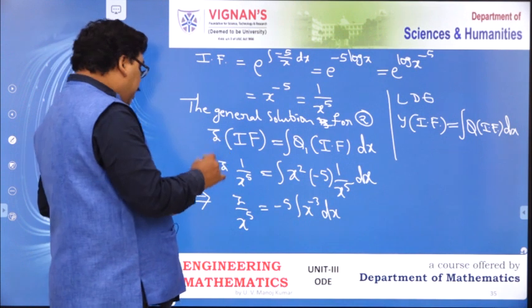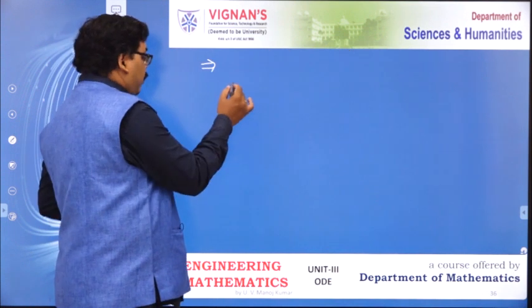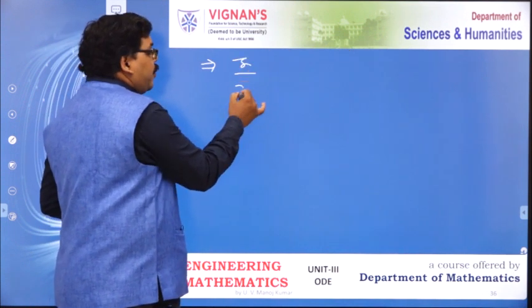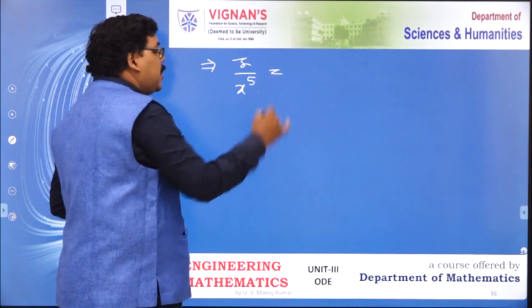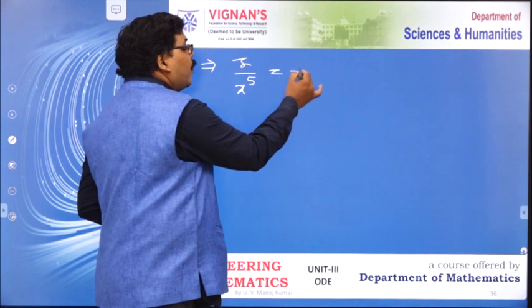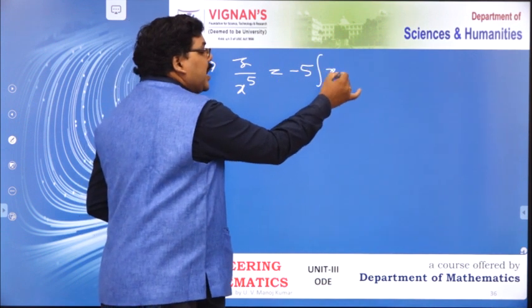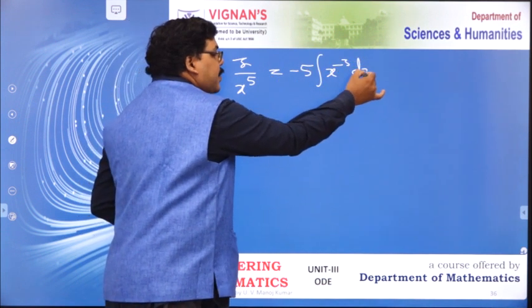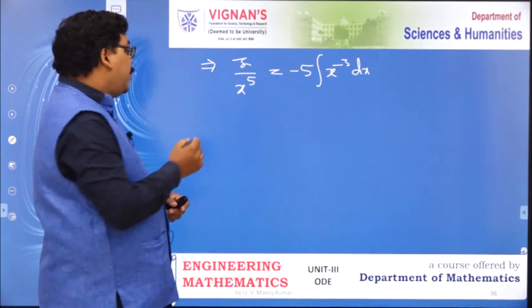So z into 1 by x power 5, z by x power 5 equals to minus 5 into integral of x power minus 3 dx.